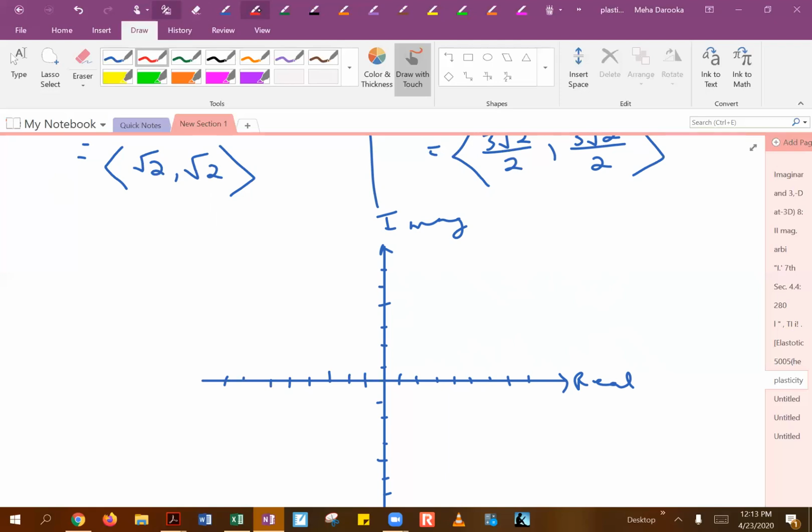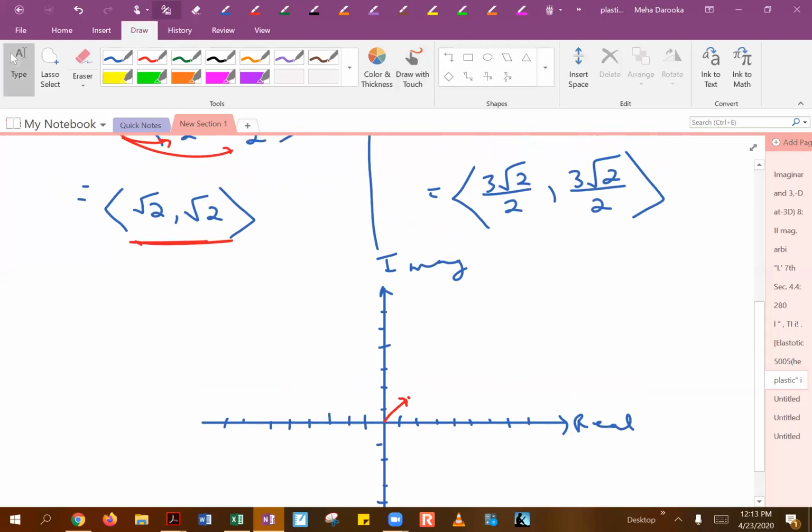Which quadrant would vector u fall into? The first one. First one, yeah, and you're looking at about 1.4 and 1.4. So something like this, and that will be our vector u.